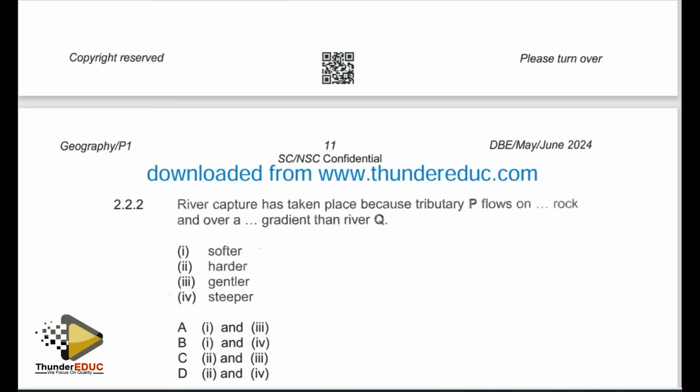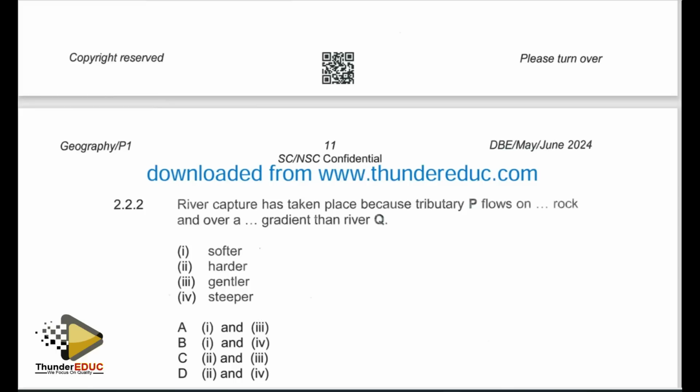It cuts through the watershed and intercepts the headward waters of the less energetic river on the other watershed, on the other drainage basin. And remember, the energetic river is usually the one on lower ground, which is less elevated. It cuts through headward erosion until it cuts through the watershed until it intercepts the headward waters of the less energetic river on an elevated platform.